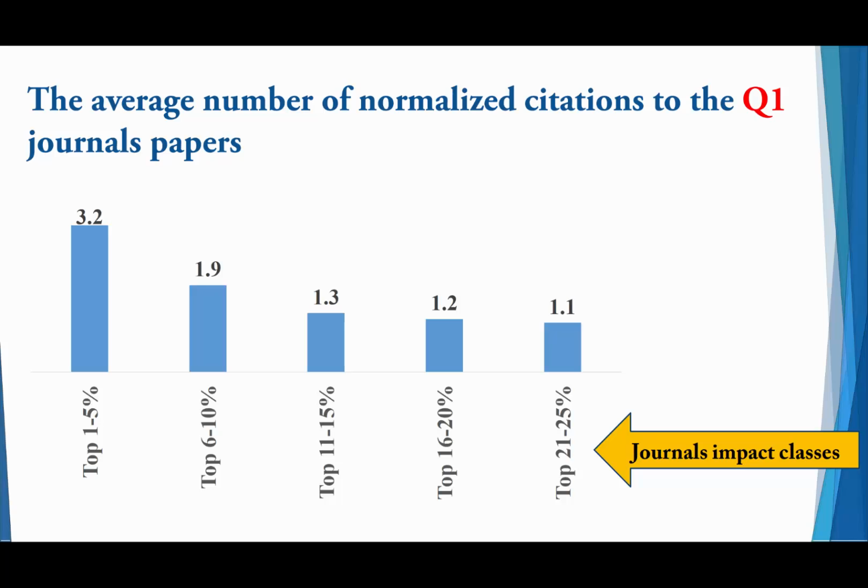The papers published in top 1 to 5% journals are 220% more cited than the global average, while the same value for top 21 to 25% journals is 10%.